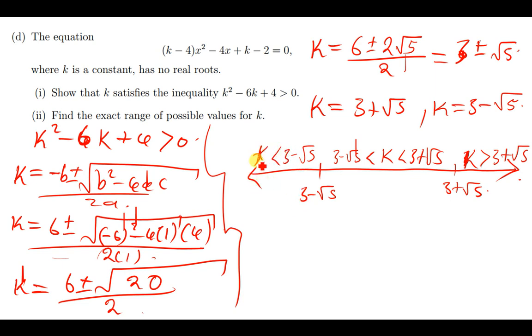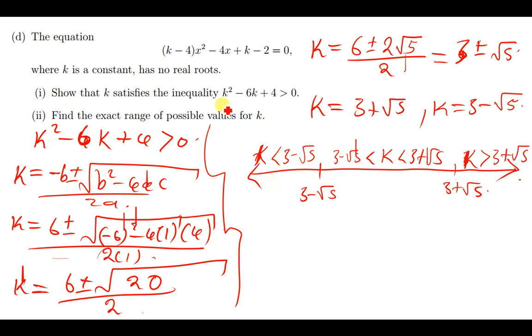So we can test any number that is less than 3 minus the root of 5.